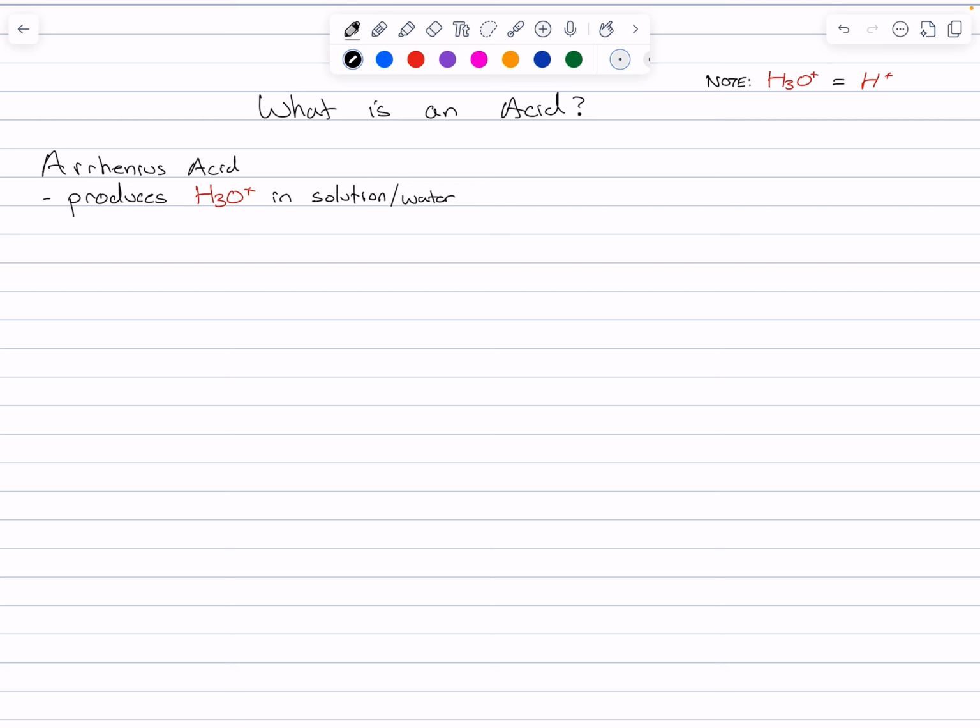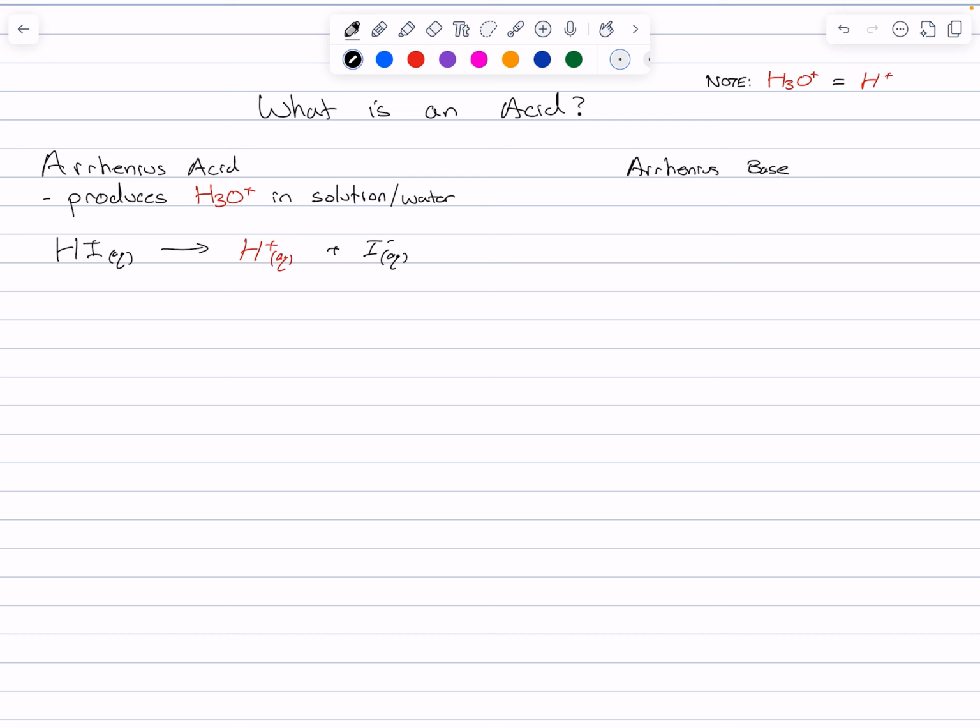All right? So, for example, an acid like hydroiodic acid, right? That in water produces our H+, and then it has I-. That would be an Arrhenius acid. What about an Arrhenius base?